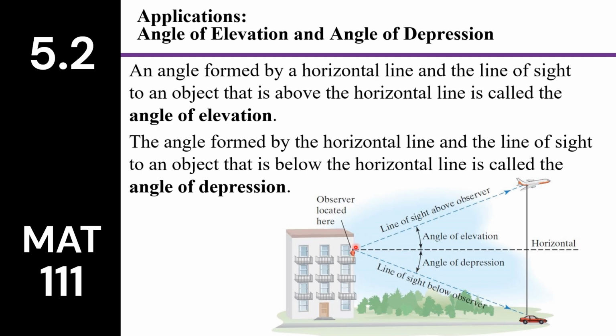The angle of elevation is made with the horizontal up to the sight line that is above the observer. And the definition of angle of depression is, with this car, the angle that's made with the horizontal down to the sight line to the object that is below the observer. Next, you'll apply that in your homework.